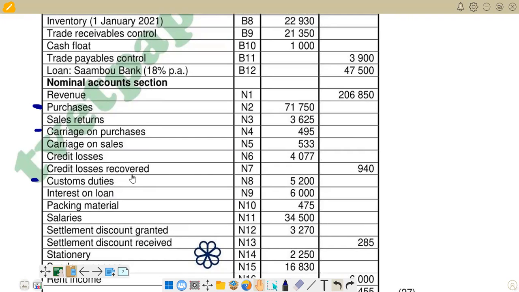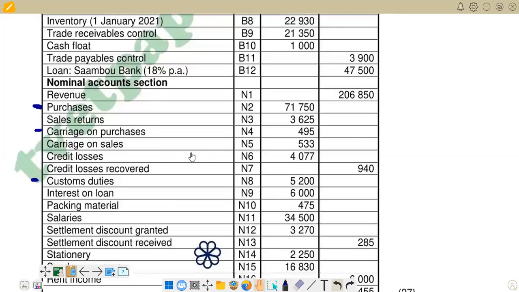Right, we have got credit losses recovered. So what does it mean? It means these were debtors that were written off. They were written off and classified as credit losses before, but they've paid the amounts that were written off. So when they paid them back, it becomes an income in the form of credit loss recovered.